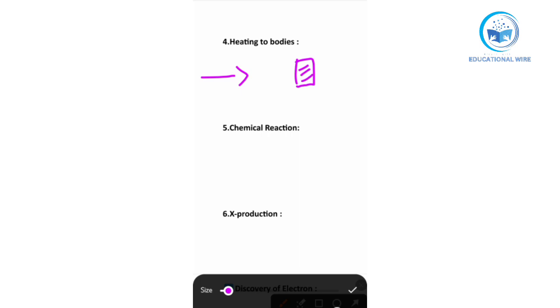Let's suppose this is one paper. When cathode rays move down to this paper, cathode rays have momentum. Cathode rays move to any object and shift their momentum to the paper.